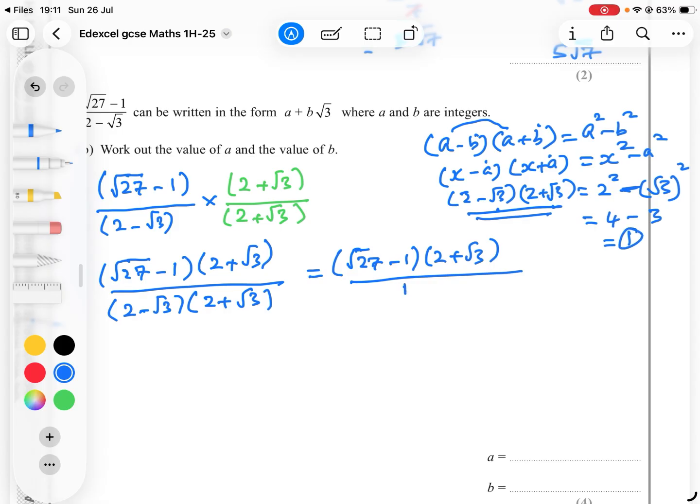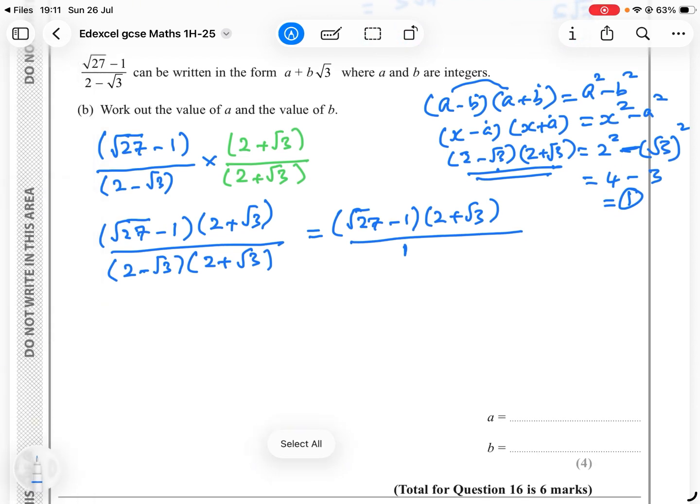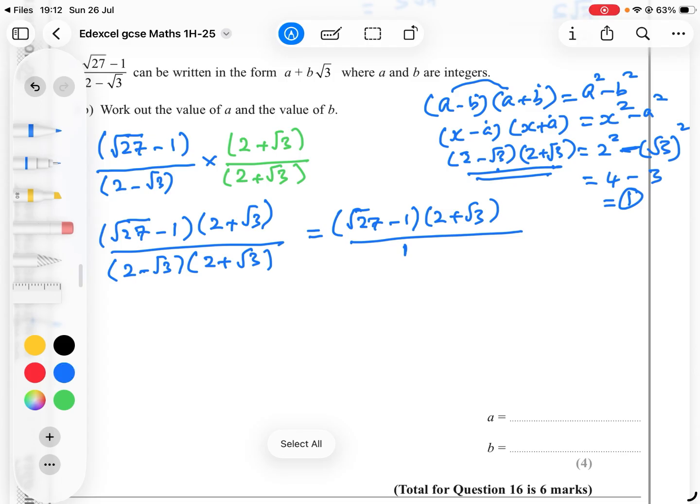You don't need to write the 1, so you can write like this.